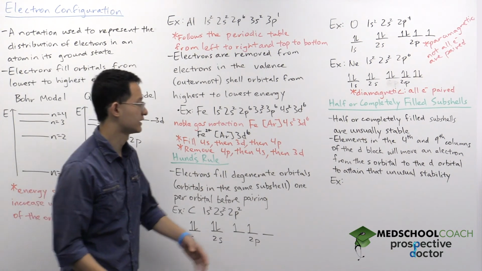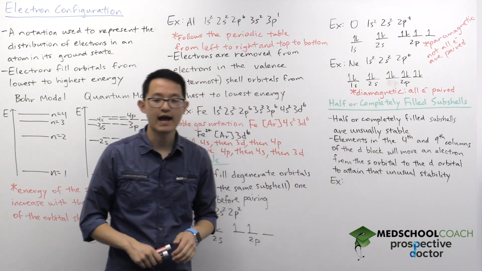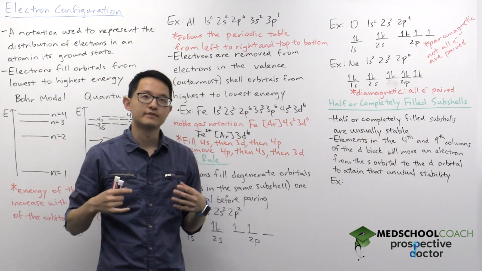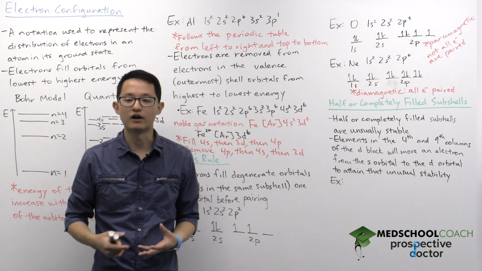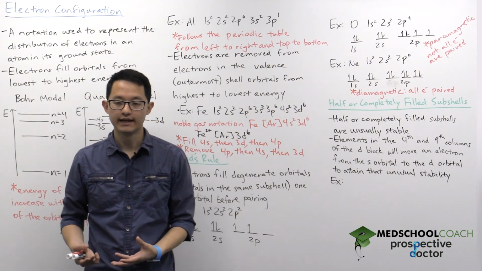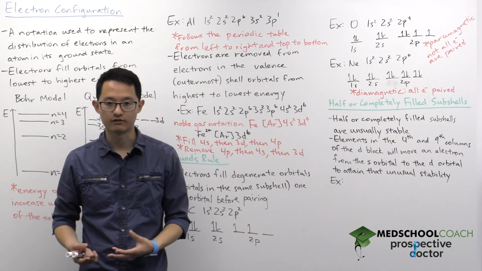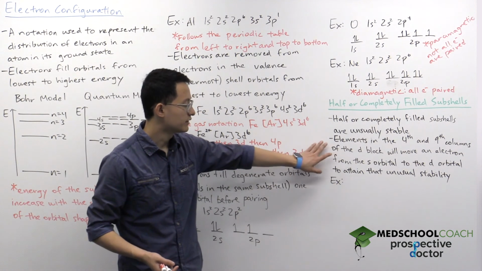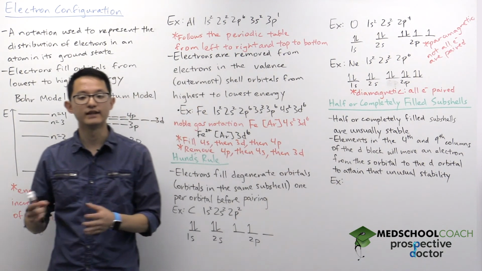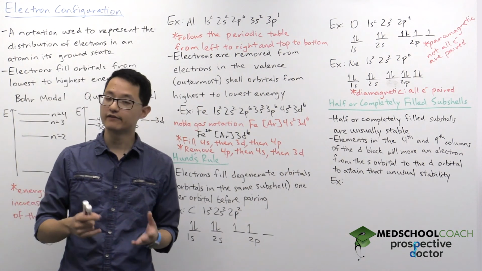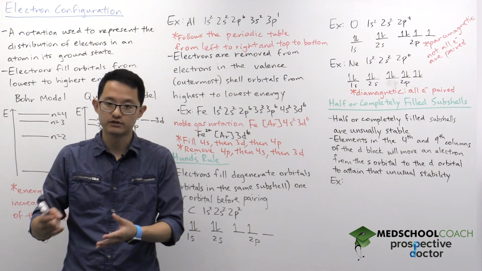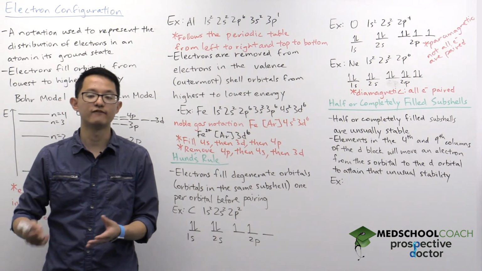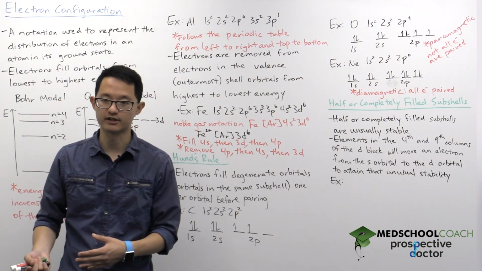These exceptions are looking at the concept of half or completely filled subshells. So this is the idea that half or completely filled subshells are unusually stable. And this affects the electron configuration, particularly when we're looking at the d block. And that's because when you have elements in the 4th and 9th columns of the d block, they're very close to having a half-filled d block with 5 electrons, and also very close to a filled d block with 10 electrons.